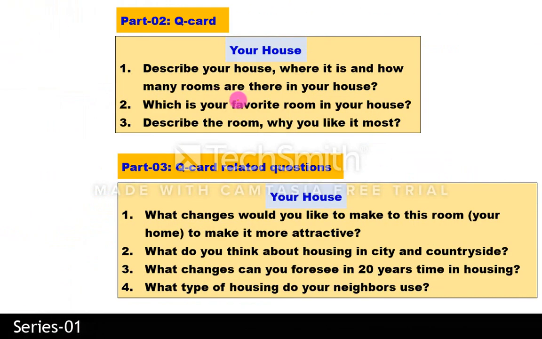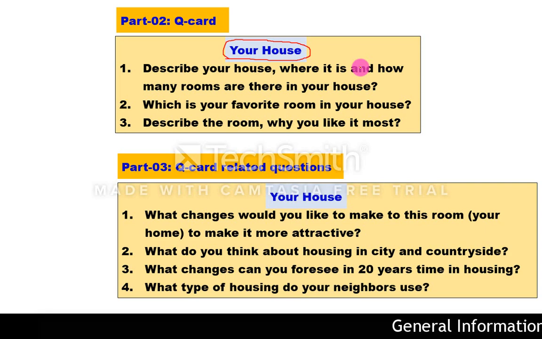Now take a look at a sample cue card, speaking Part 2 and speaking Part 3. Suppose this cue card, your house, you have been given. Here you are getting 3 questions. On this cue card, you will have 1 minute to think about the cue card and to take notes.